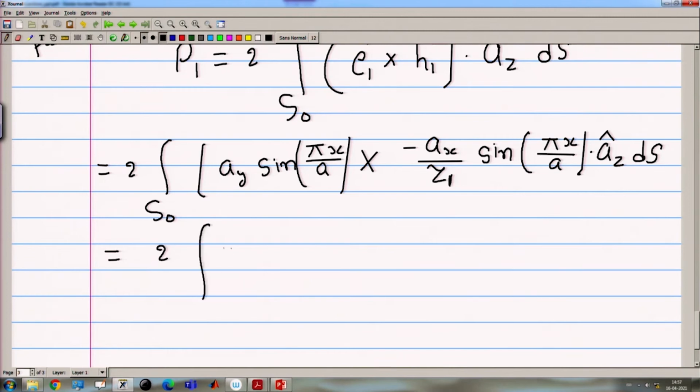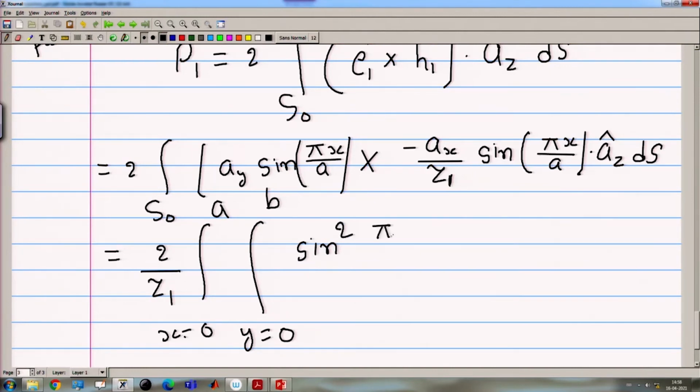Taking z1 outside, this will be x from 0 to a, y from 0 to b, that is inside the waveguide, of sin square pi x by a dx dy.